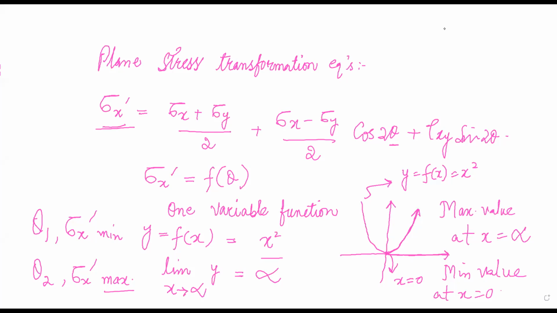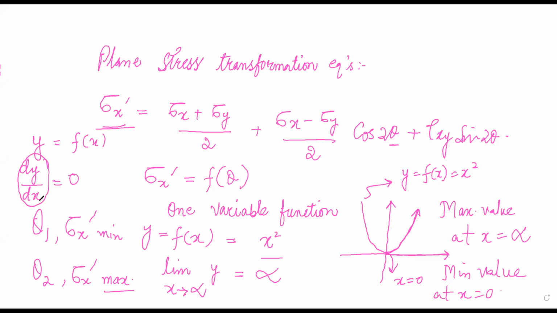Okay. We make use of calculus. We say if y is a function of x and we have to find the maximum or the minimum value, we have to find the value of x at which our function attains the maximum or the minimum value. What we do is write dy by dx and put that equal to 0.